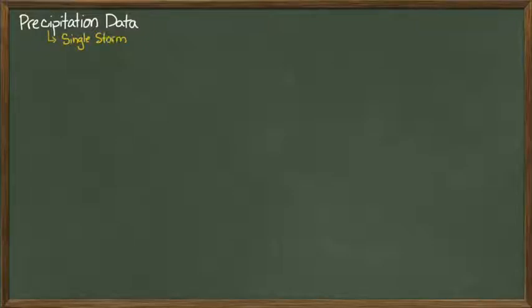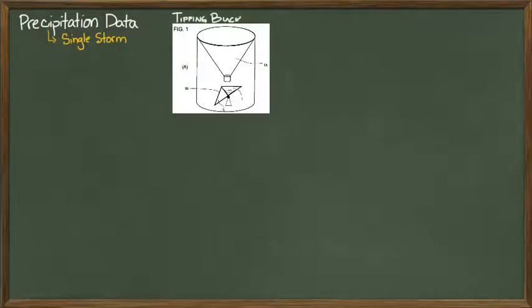So rain gauges do collect data for single storm events, and how they do that is they use this tipping bucket method. This is a drawing out of a patent for the tipping bucket rain gauge. As you can see there, this funnel, it's about 10 inches, a foot diameter or something like that, I can't remember how much.